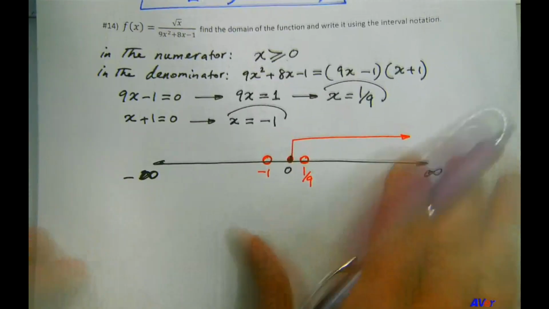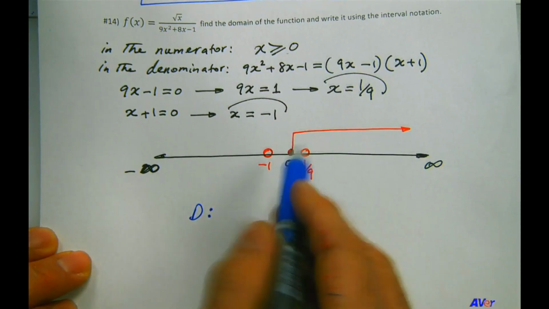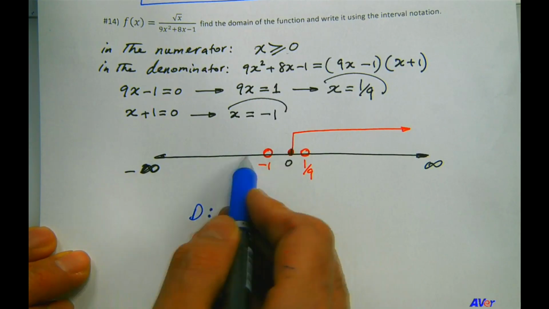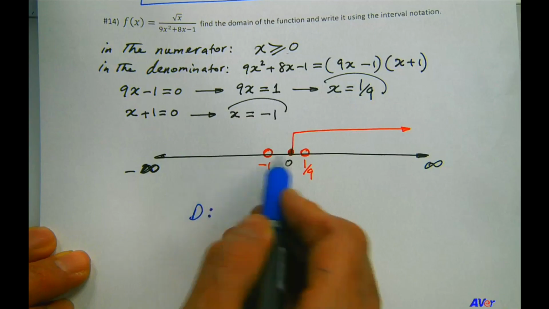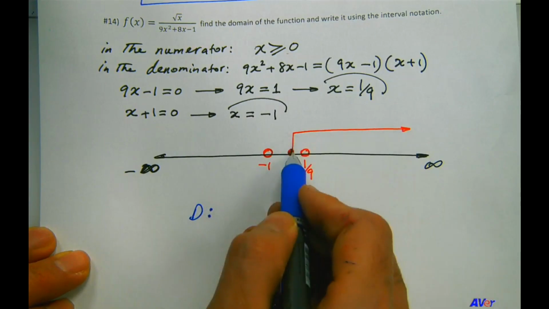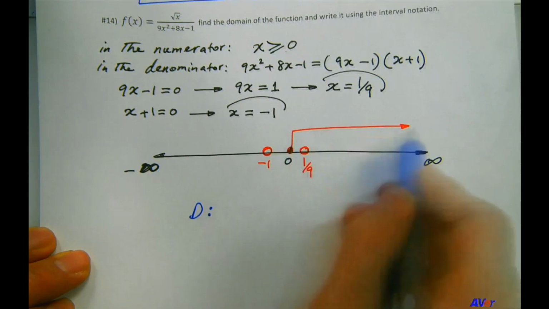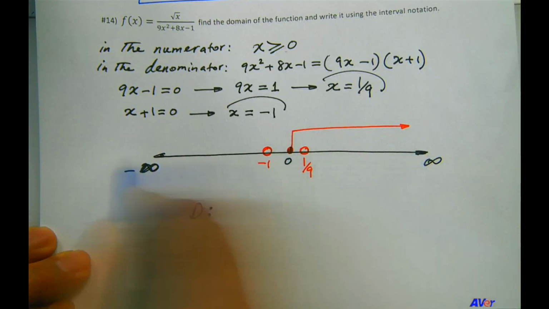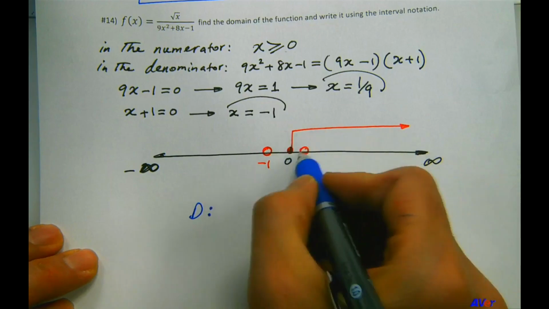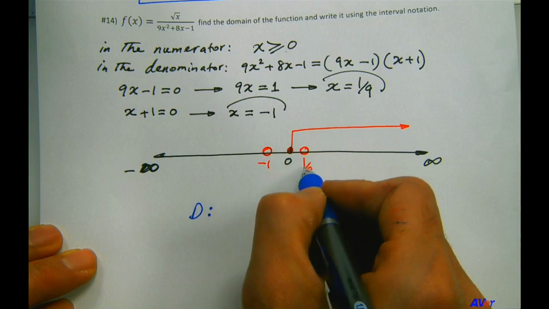Okay, so let's write it down. We have the domain. We can certainly not be on this side, right? That means we cannot accept -5, -10, none of these answers, because of the restriction in the numerator. So we can only be on the positive side of the real number line. But on that side, we have to exclude 1 over 9.